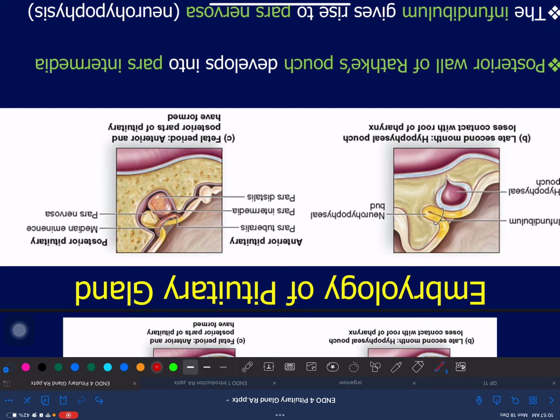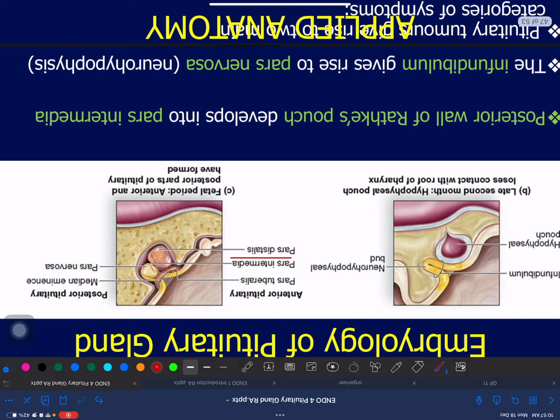The posterior wall of Rathke's pouch develops into the pars intermedia. The infundibulum gives rise to the pars nervosa.